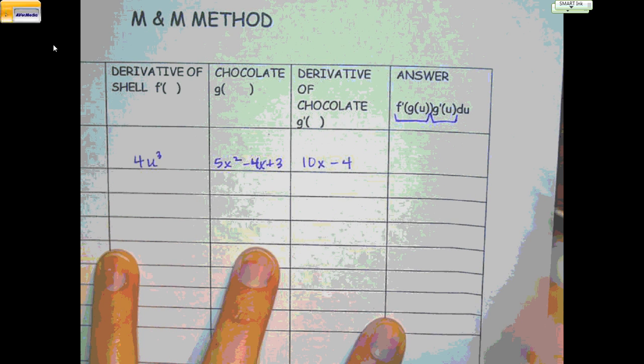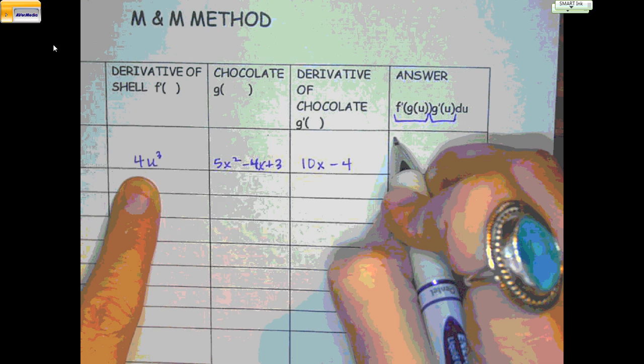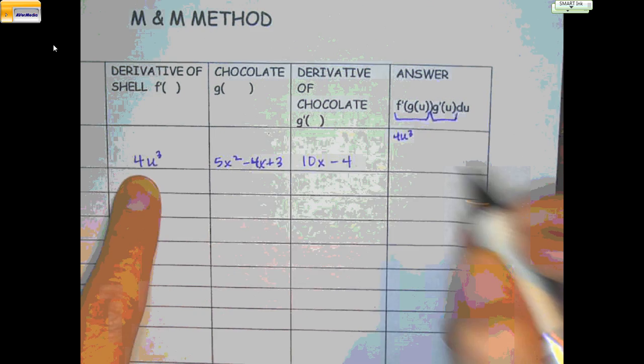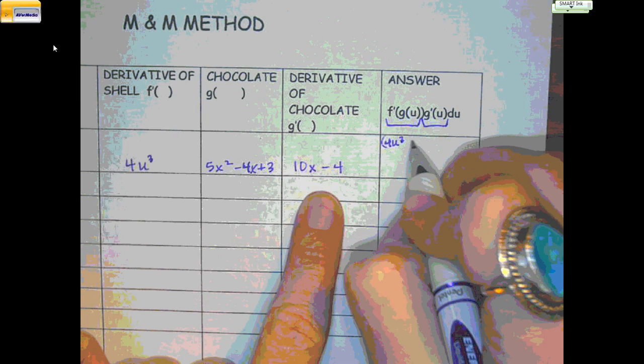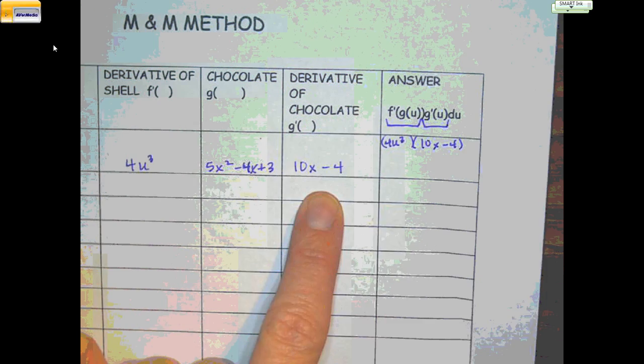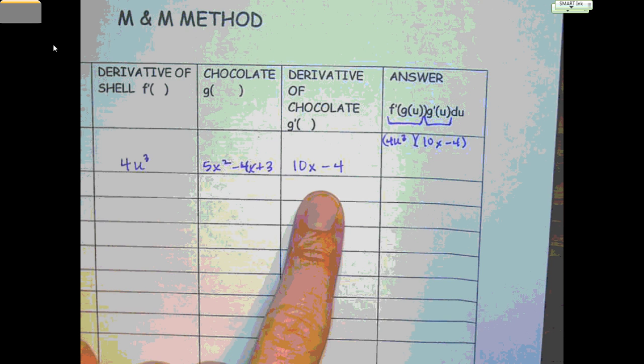So the outer function's derivative was the second column, 4u cubed. The derivative of the inner part was 10x minus 4.